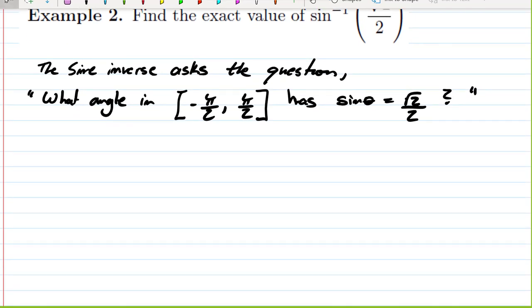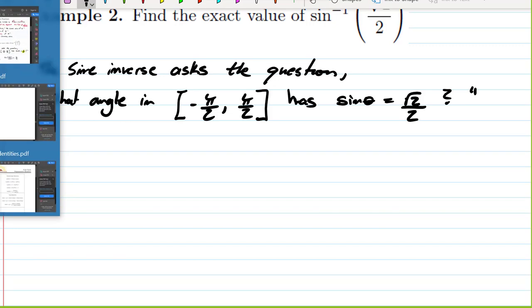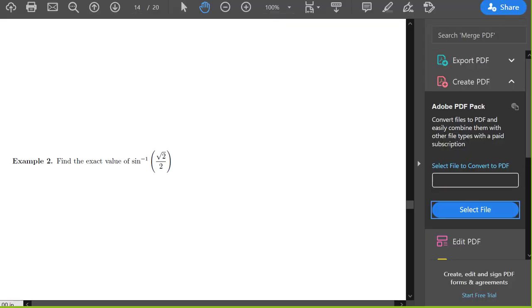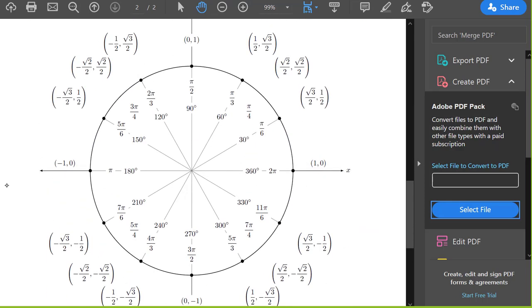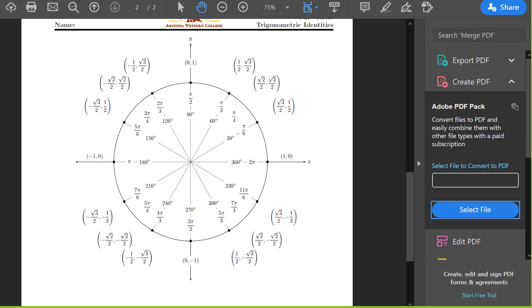All right, so if we're only looking at angles between negative pi over 2 and positive pi over 2, that means we are only looking in quadrants 1 and 4. So that means we're looking at the right half of the unit circle.